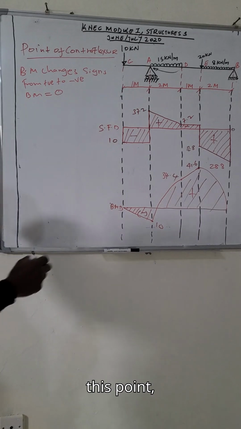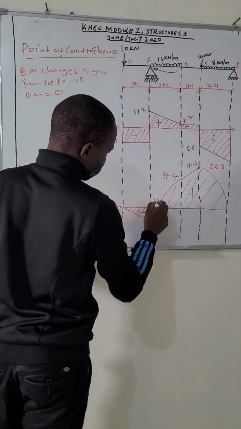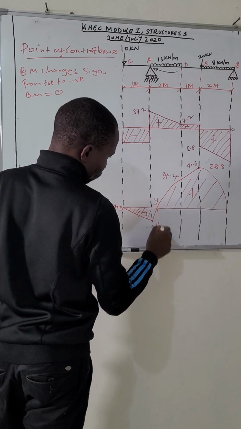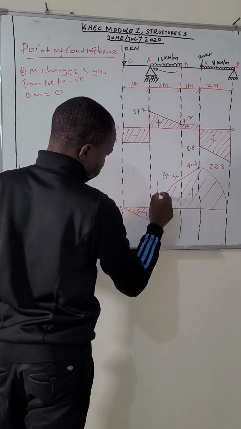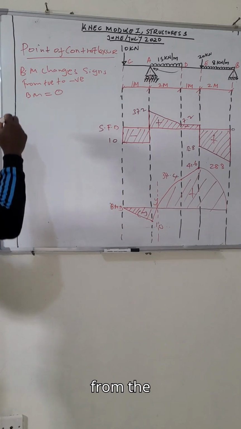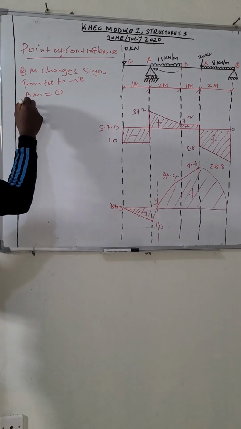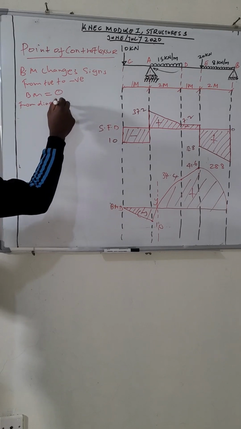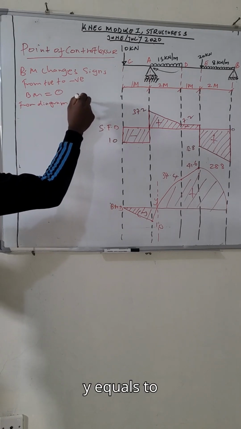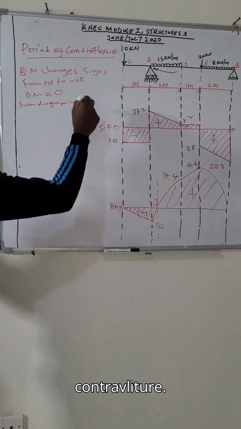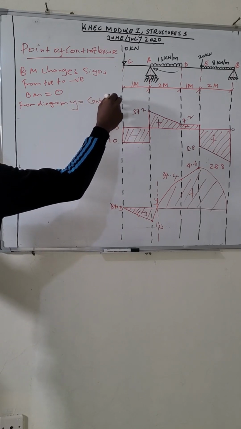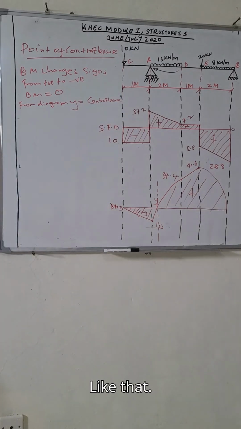As you can see this point, let's call this point y. So point y from the diagram equals the point of contraflexion.